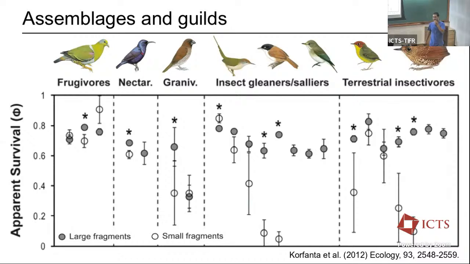So, any property of a species that might alter its responses to any kind of gradient, let's say it's a temperature gradient or a rainfall gradient or a disturbance gradient, would be a guild. Right? So you can have various kinds of guilds.